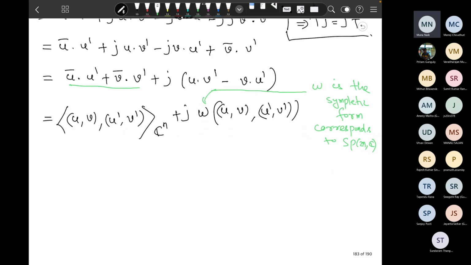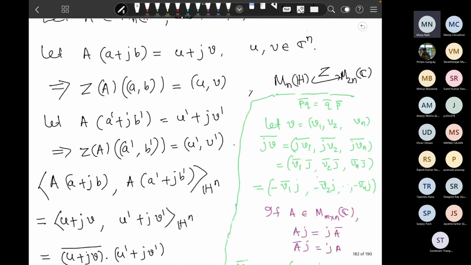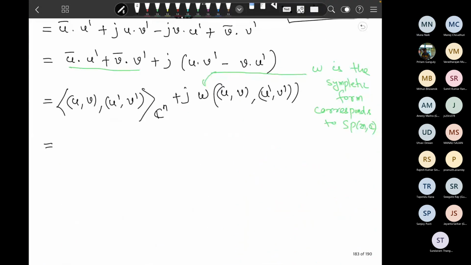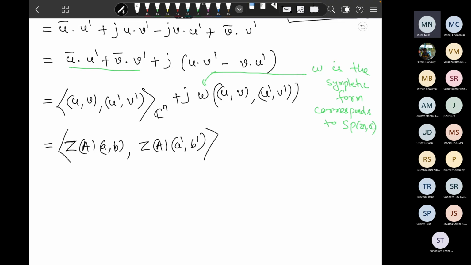Okay, so now you use that thing. UB is equal to what? ZA of AB. So I write that ZA of AB, ZA of A′B′, plus J, so let us write, J into W ZA AB, ZA A′B′.